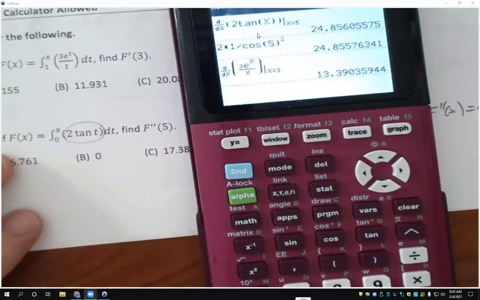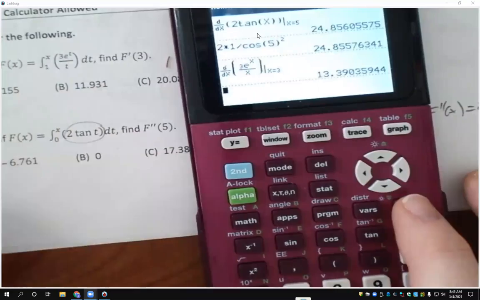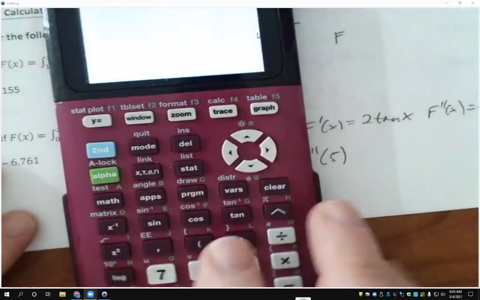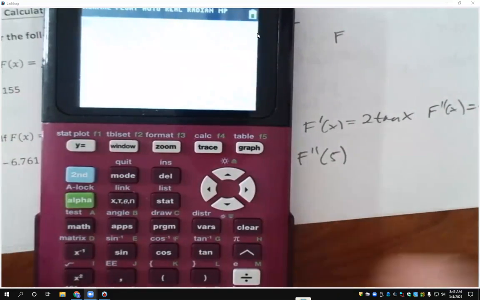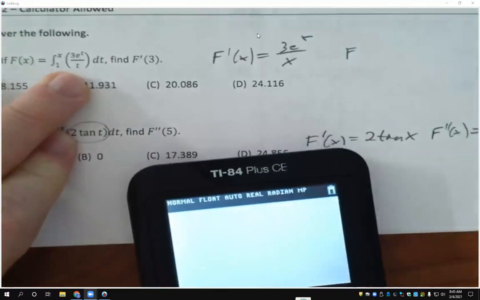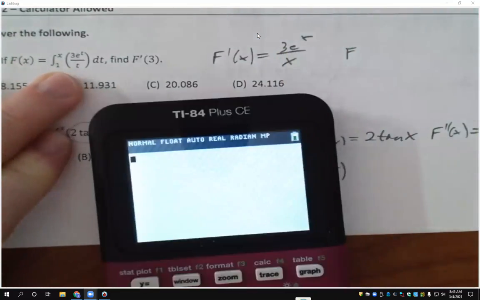What did I do wrong? Oh, I did the derivative of that. That's dumb me. That's probably a big mistake. Is that one of the answer choices? It's not. Okay. That is F prime. I just did the derivative of F prime. I actually found the second derivative. We're just plugging a 3 into this function. So we're literally just going 3e to the third, divided by 3.